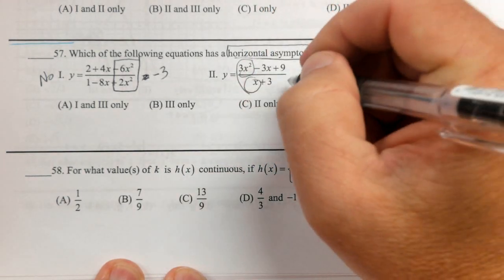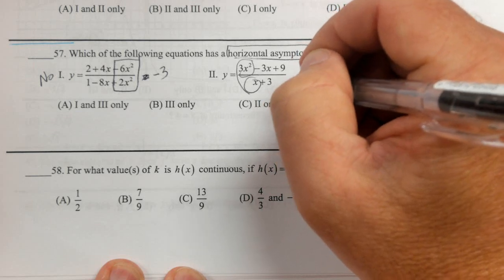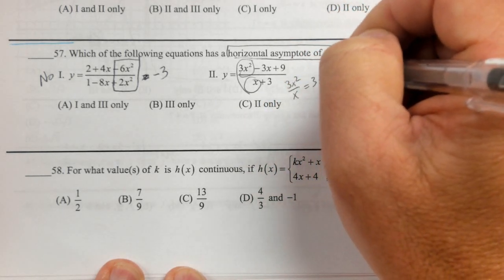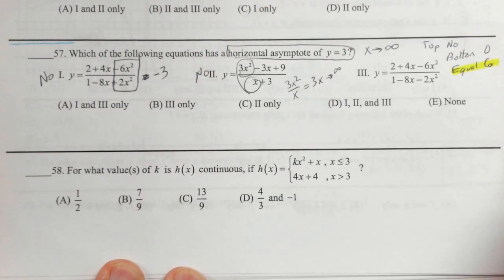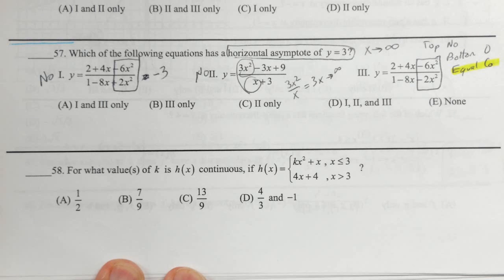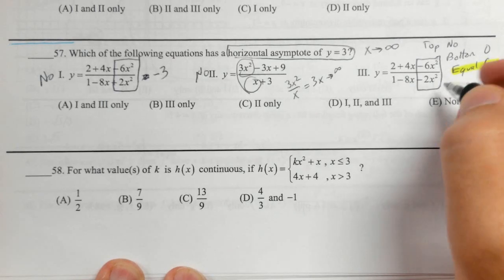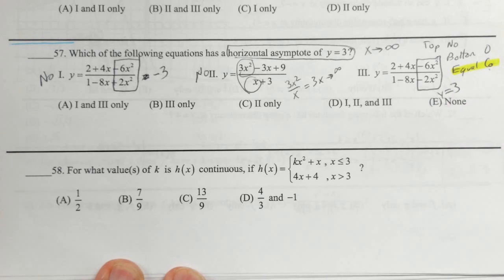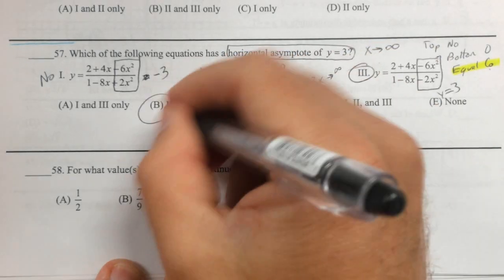It would be 3x squared over x becomes 3x, so that's headed to infinity, so that's a no. This one we've got an equal coefficients situation, and it equals 3. The coefficients equal 3. So the limit goes to 3, which means the horizontal asymptote is 3. So that's the one we're looking for.